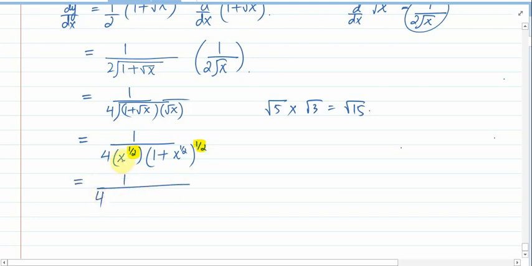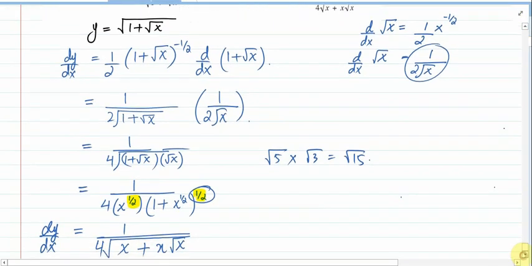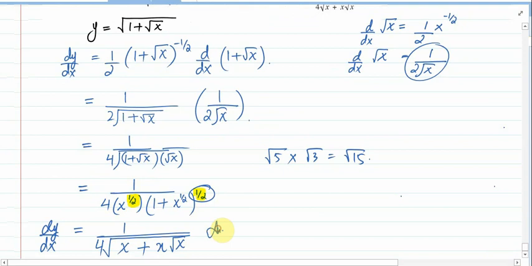This x multiplied with 1, so it's x, right? This x power 1 upon 2 multiplied with this x power 1 upon 2, right? Now here it will be plus x, this x multiplied by this root x, and the total root is present. So that is your dy by dx, and I think we needed to show that 4 under root x plus x root x. Yes, so that is your final answer.